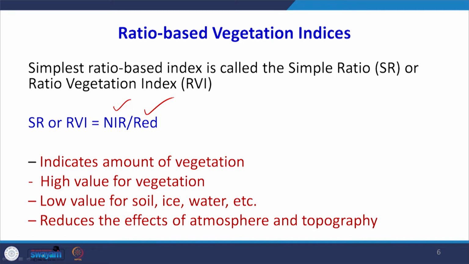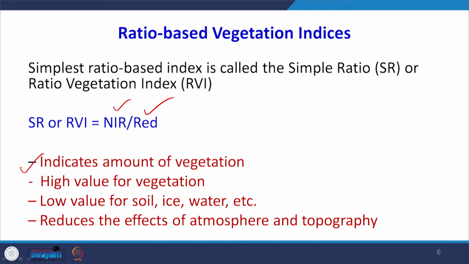When we do pixel by pixel division for the entire image, this is like a global phenomenon: globally we are applying the same function to the whole image. This output will indicate the amount of vegetation.